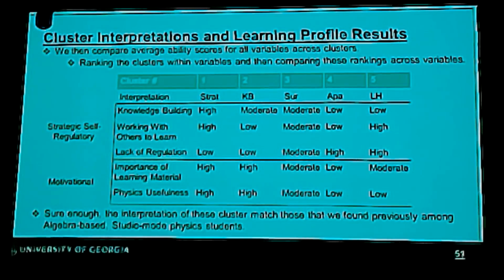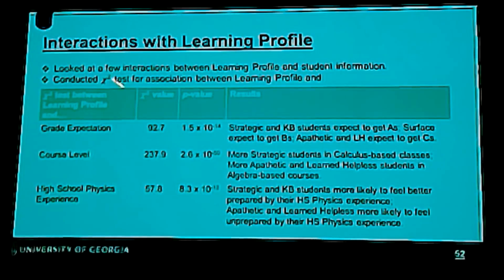In the end, you might be wondering, how is this useful? What sort of things can we learn from these profiles? Well, I did a few tests of association. These are all categorical variables: learning profile, are you in one of the 5, compared to some other categorical information that we have on you. I asked students several things.